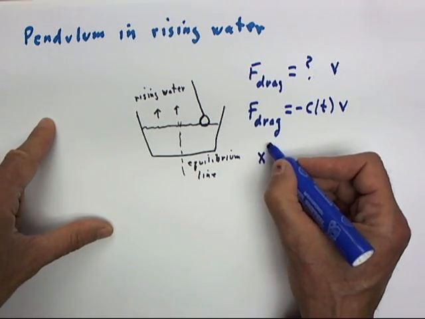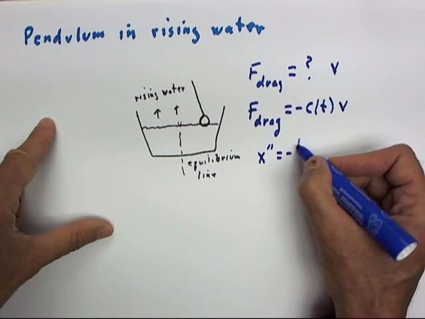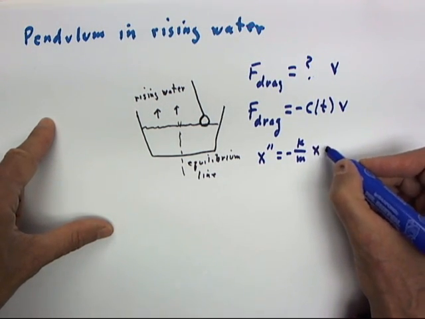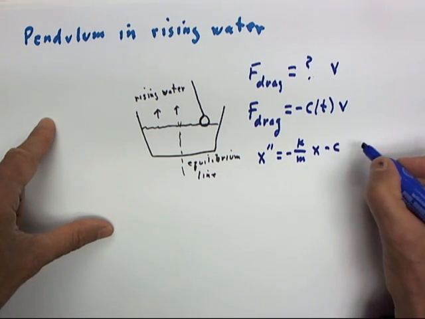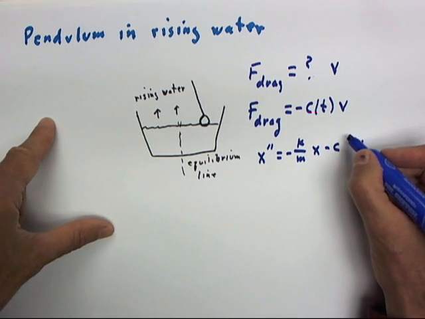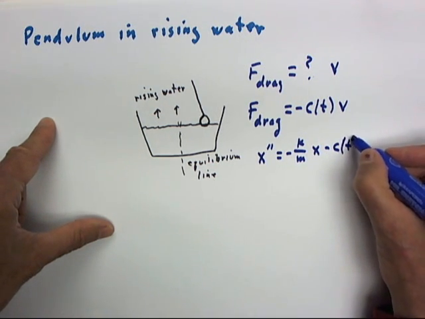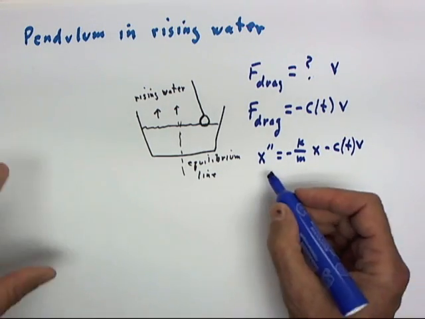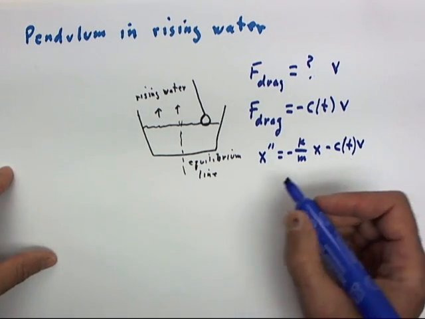Now this leads to an equation very similar to the one we had before, but instead of x double prime equals negative k over m times x minus just a plain old constant times V, we're going to have to let C be a function of t so that C no longer stands for constant, and we have a function of this nature.